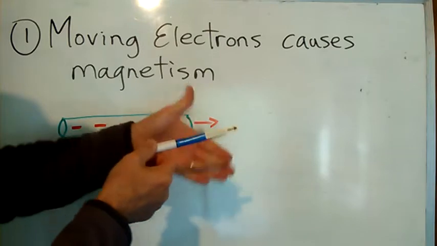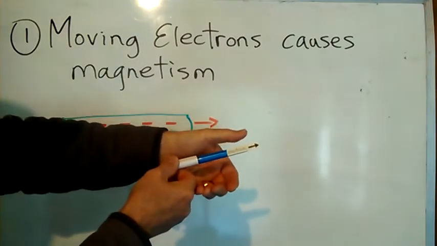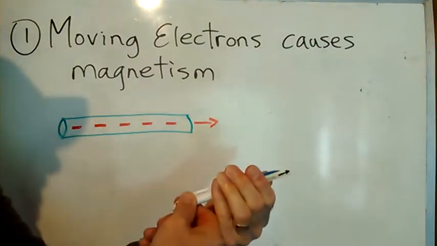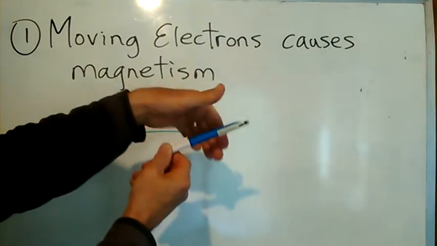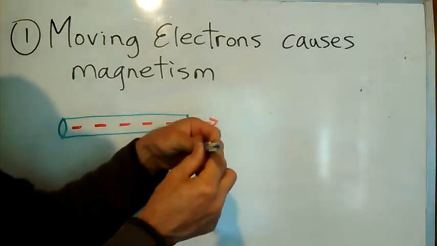If I use my left hand, my thumb points in the direction of the electron movement, and the magnetic field goes above the wire, over the top, and then behind the wire. It makes a circular pattern around the wire.